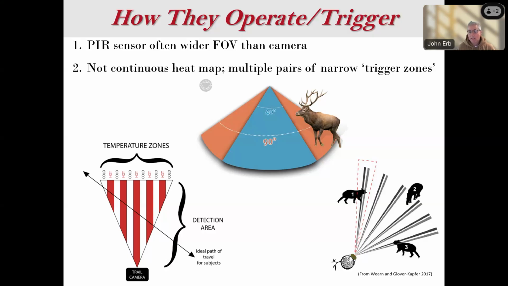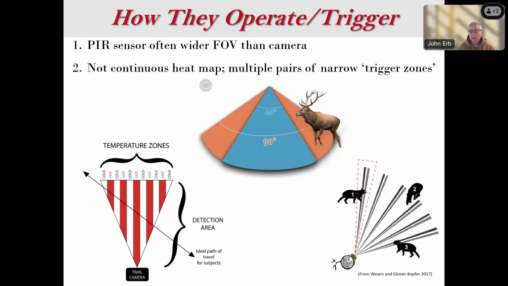In the bottom right, it illustrates a little more detail of how a camera really is seeing the environment. Instead of it being a continuous image like I mentioned before, it has a couple sensors that are monitoring bands of the infrared area in front.